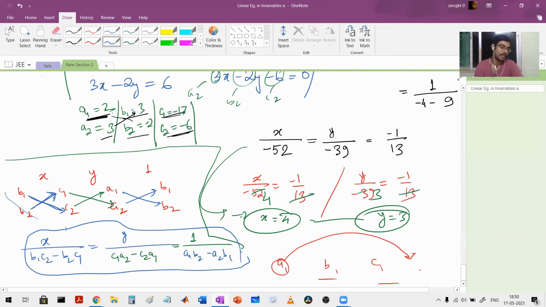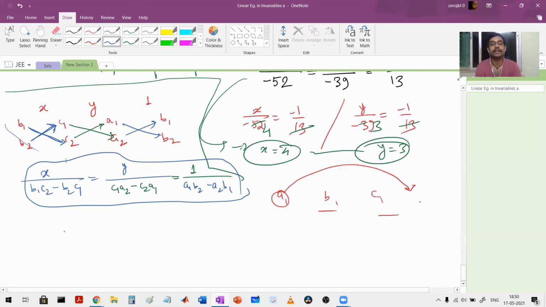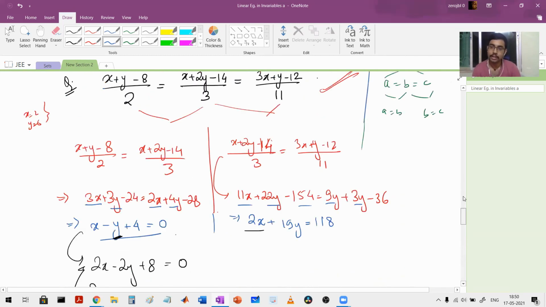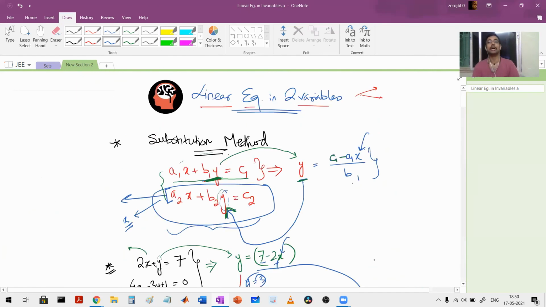Everybody? So now, this completes our scope of how do we solve linear equations in two variables. So till now, if I summarize all of them, can anybody tell me what are the three methods which we learned here to solve?